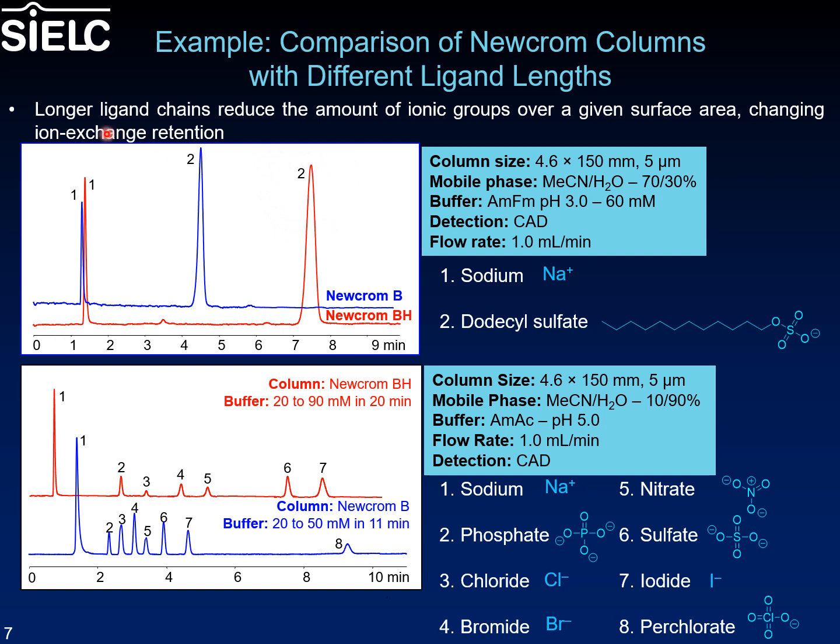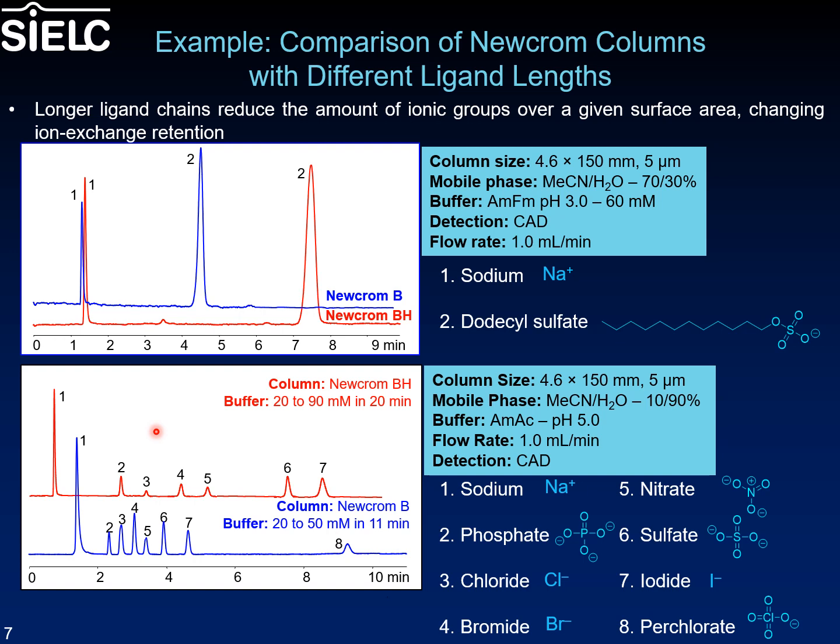The reason for this is because of the difference in the ligand chain length of each column. The length of the ligand chain effectively reduces the amount of ionic interaction that occurs over a given surface area, thus changing the ion exchange retention itself.